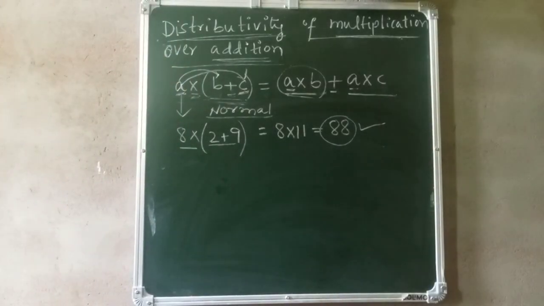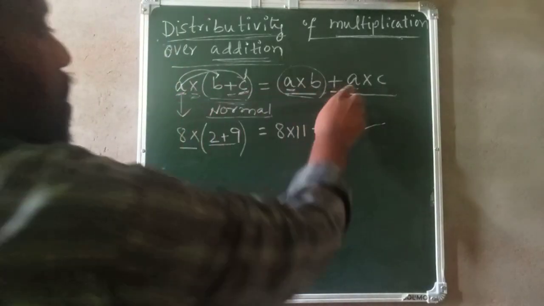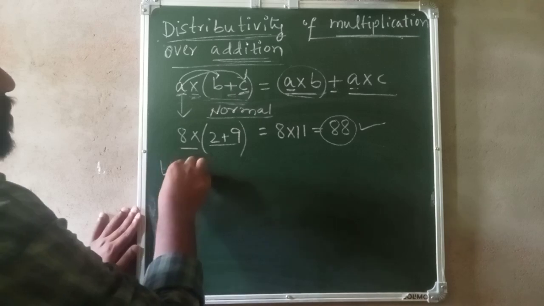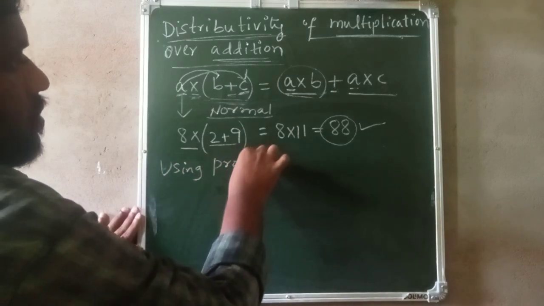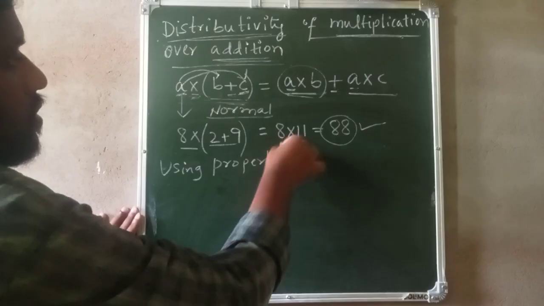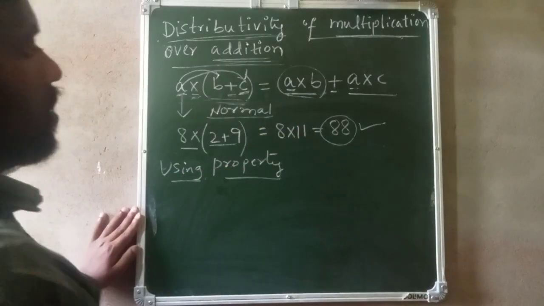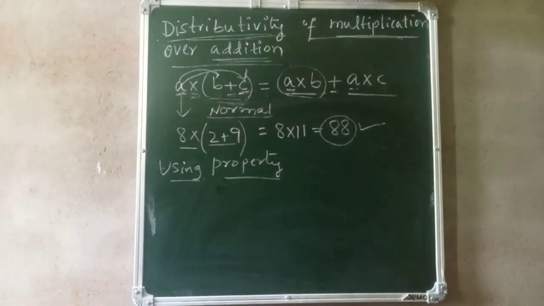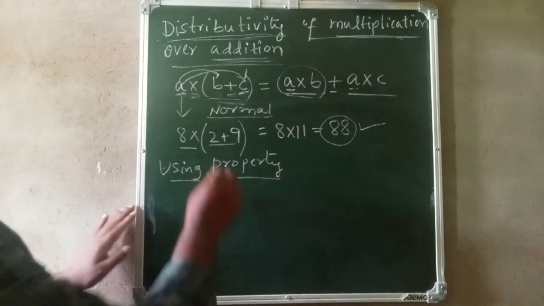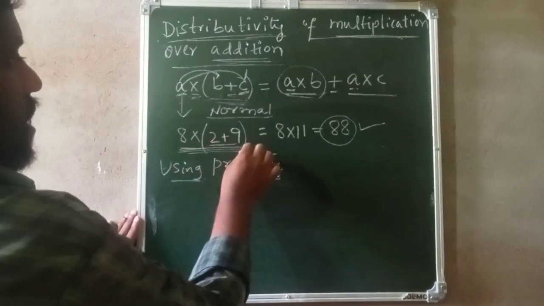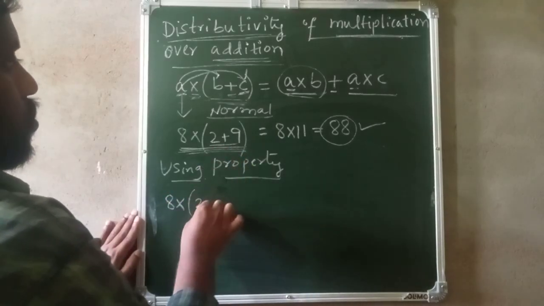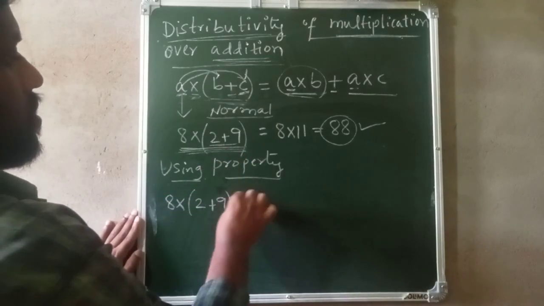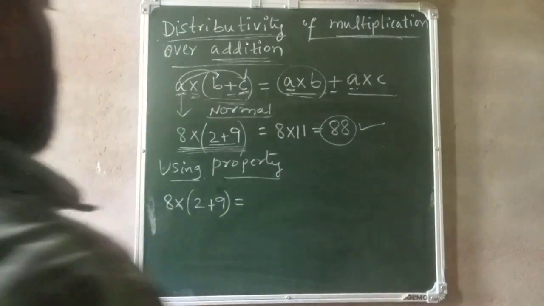Now we will use this property to find the answer. So first write this expression as it is: 8 into (2 plus 9) is equal to.